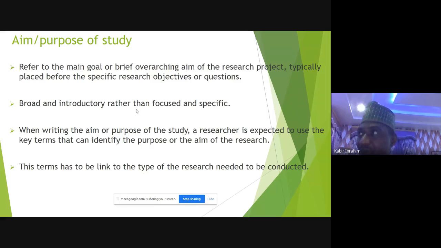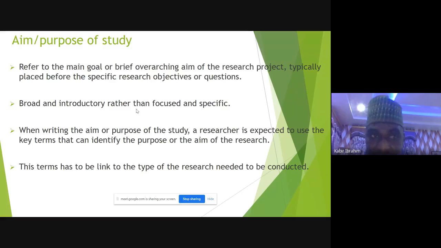What I mean by focused is that you have to focus on the topic that you designed for the research. This will give you room to state the clear aim that you want to achieve.